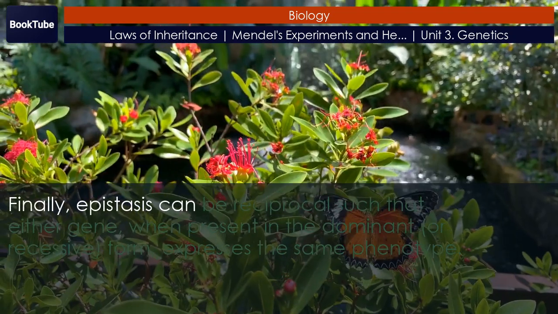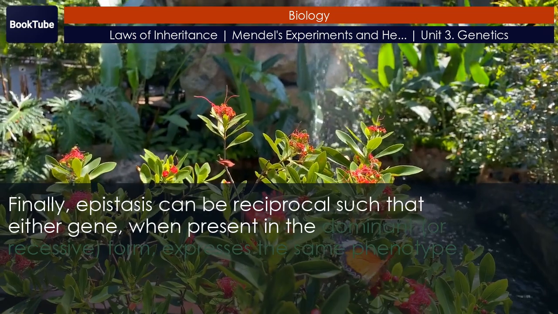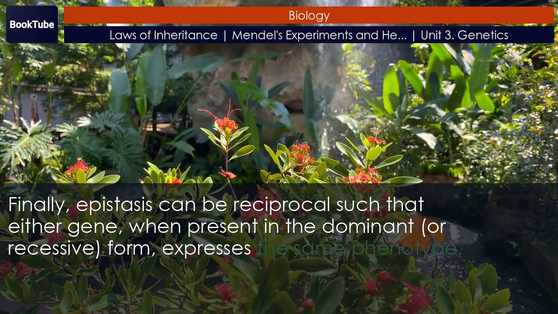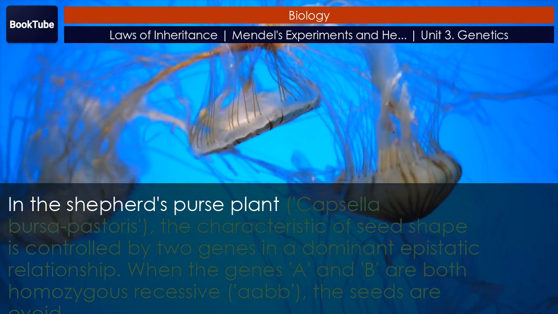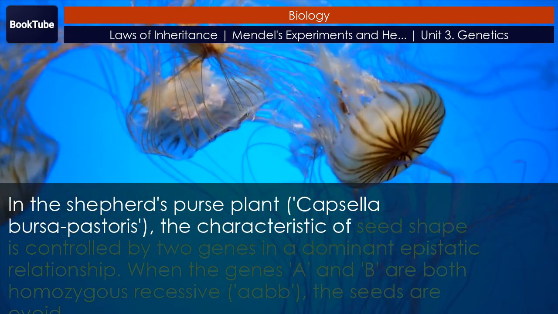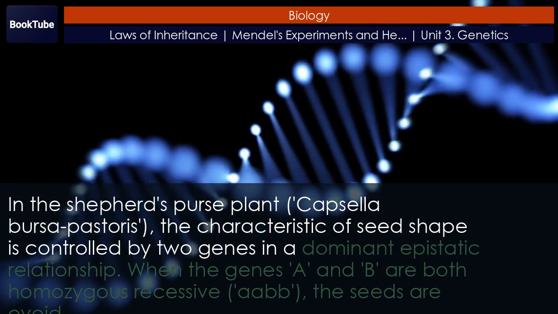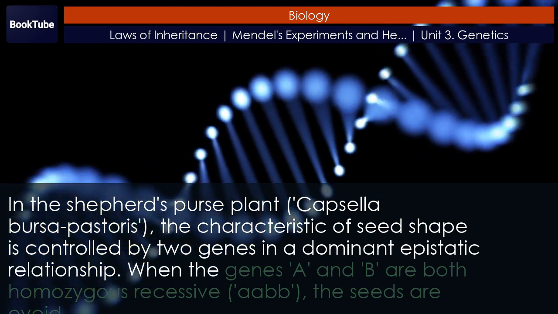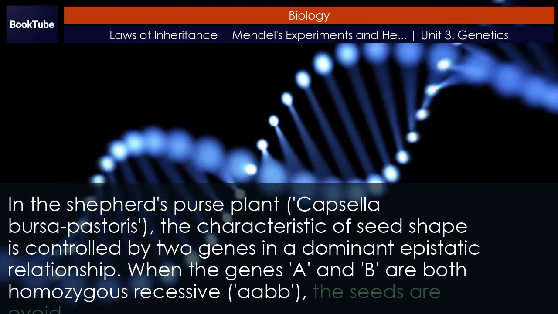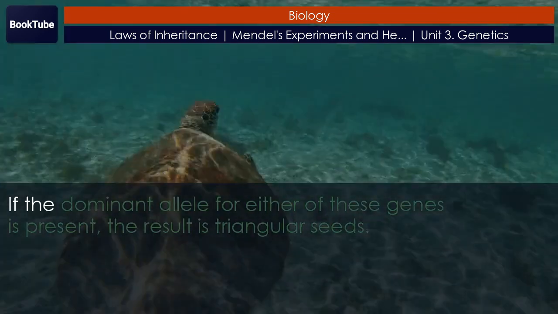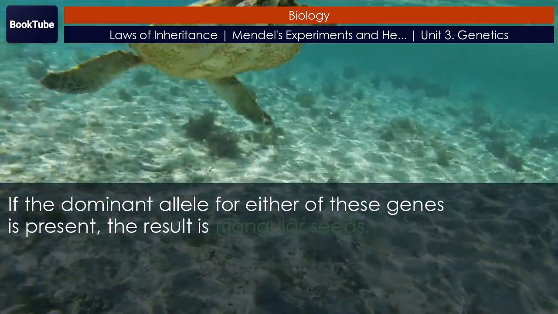Finally, epistasis can be reciprocal such that either gene, when present in the dominant or recessive form, expresses the same phenotype. In the shepherd's purse plant, Capsella bursa-pastoris, the characteristic of seed shape is controlled by 2 genes in a dominant epistatic relationship. When the genes A and B are both homozygous recessive, aabb, the seeds are ovoid. If the dominant allele for either of these genes is present, the result is triangular seeds.